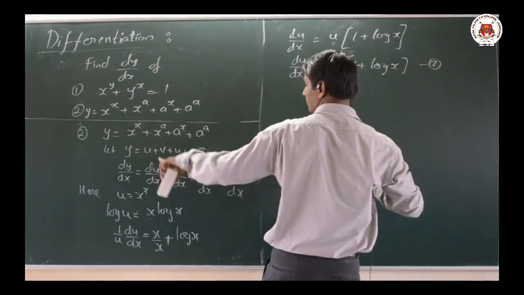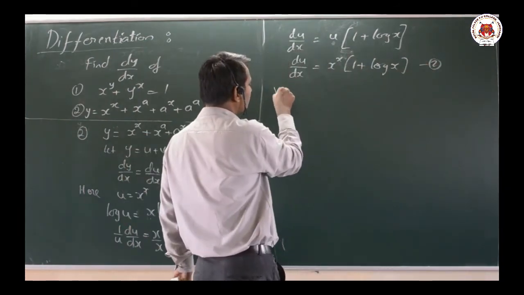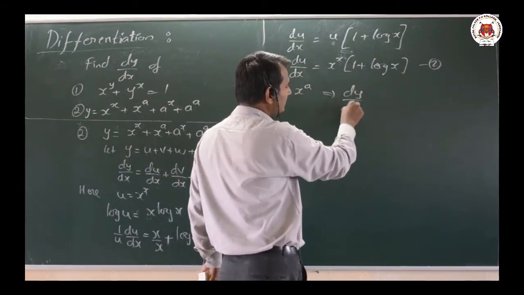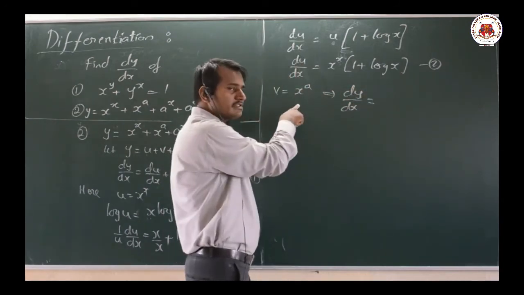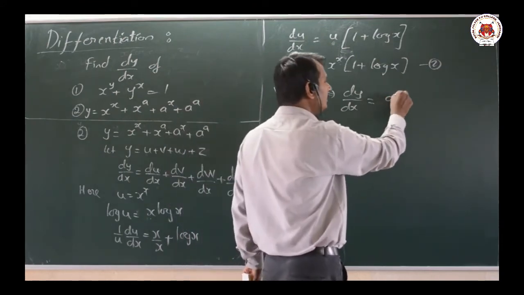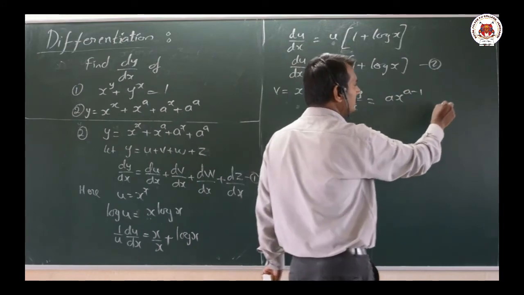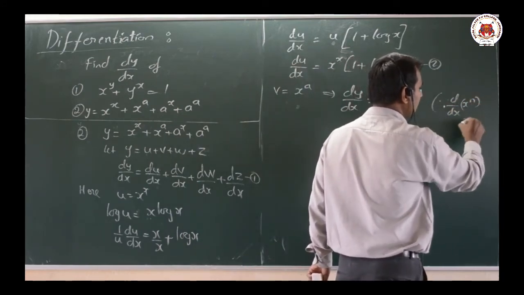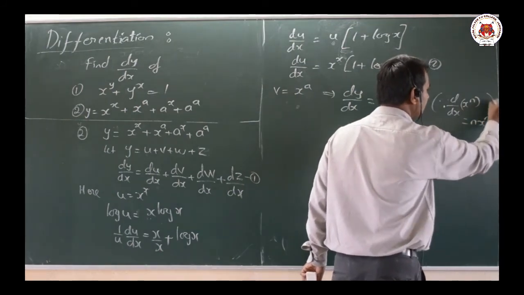Now what we have here, v is equal to x raised to a. That implies directly I will differentiate, dv by dx equal to a into x raised to a minus 1, because d by dx of x raised to n will be n into x raised to n minus 1.